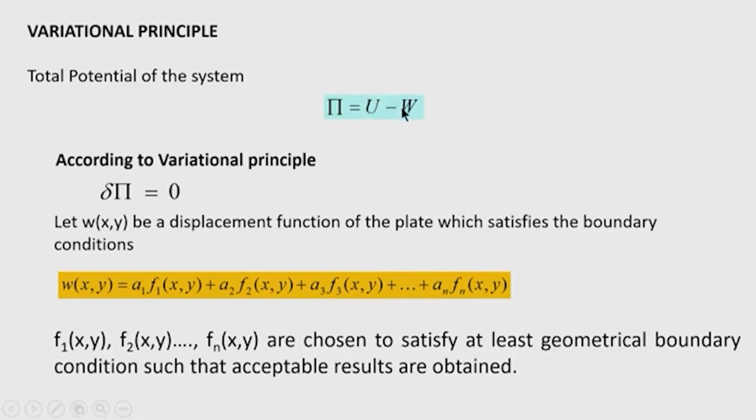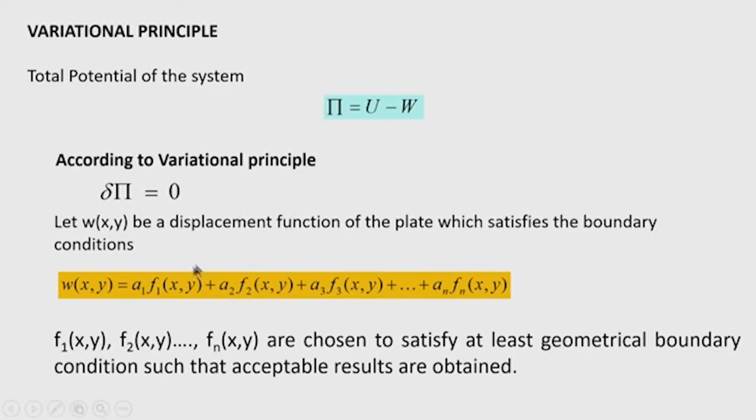Also, this W contains these arbitrary constants used to form the deflected surface. Therefore, the strain energy is a positive quantity, and this strain energy term contains the square of this coefficient, and therefore, when we take the variation the square term is reduced to a linear term. So, that is the advantage of this variational principle, that we have to solve finally the linear equations to find the unknown coefficients.